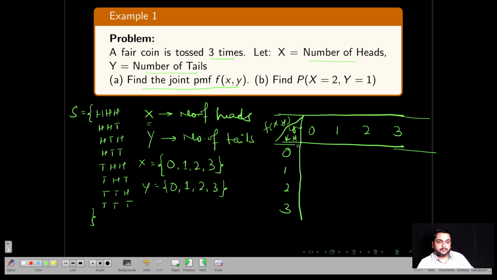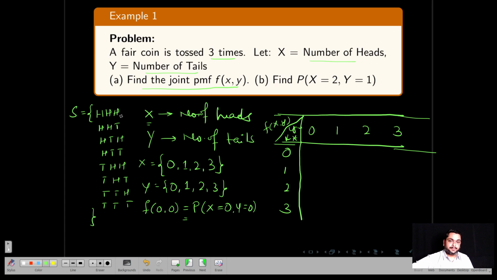Now you have to find the probability of these possible combinations. What exactly does it mean when I say f of 0 comma 0? This is nothing but the joint probability distribution of x equal to 0, comma y equal to 0. So that means you have to check, heads are 0, tails are also 0.